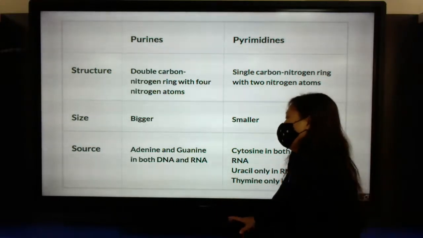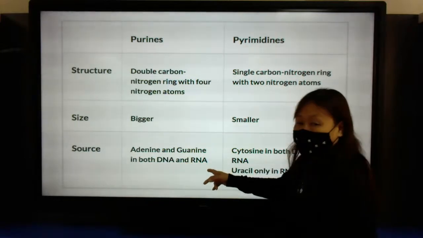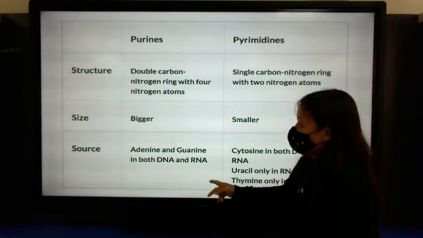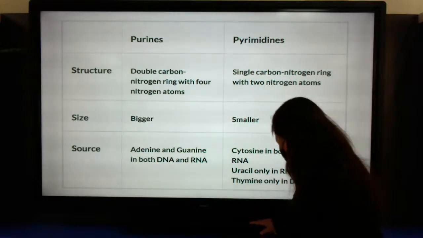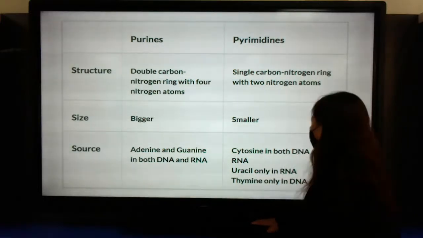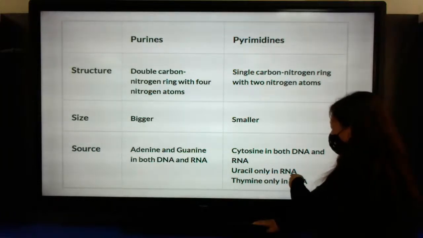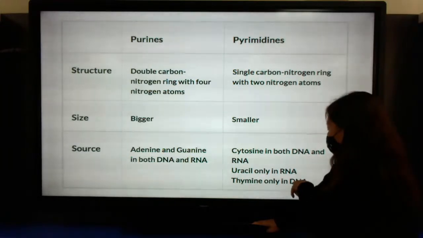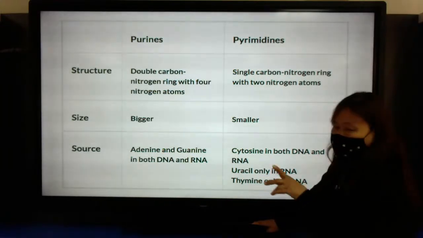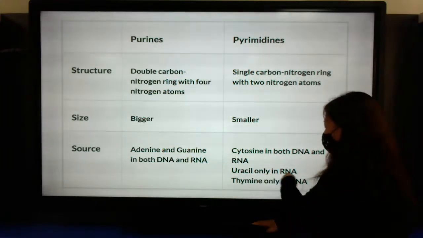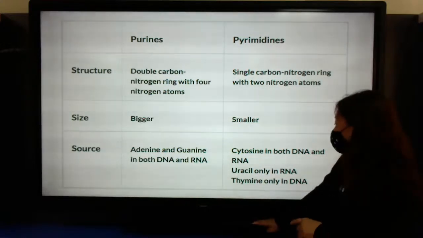The purines are found in both DNA and RNA, but pyrimidines are found only in RNA. This is the one I was telling you earlier. Thymine is only found in DNA and uracil is found in RNA.